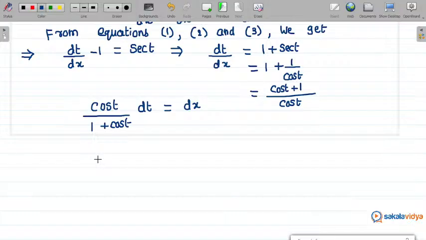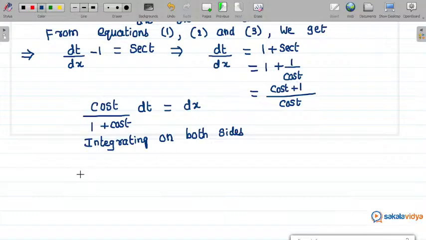Now integrating on both sides, then what do we get now? Integrating on both sides we get like this.